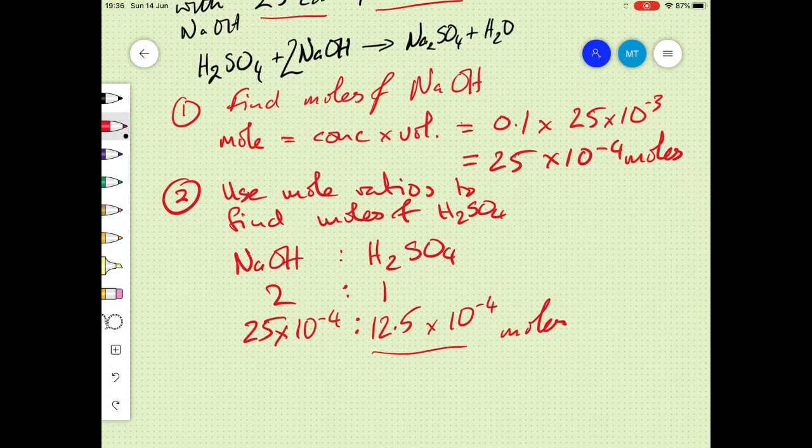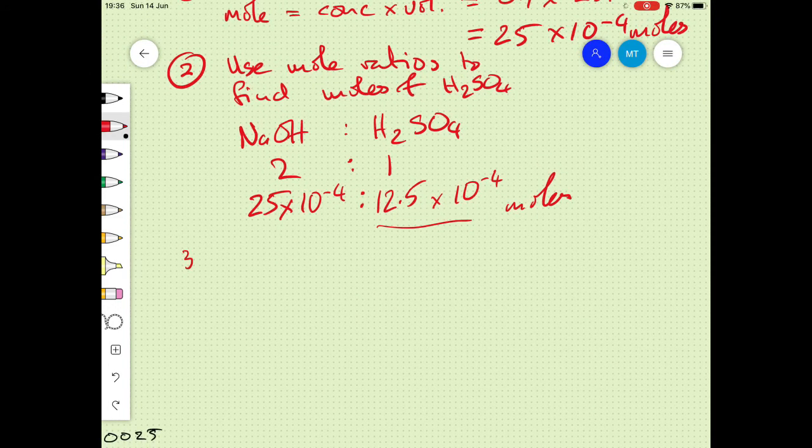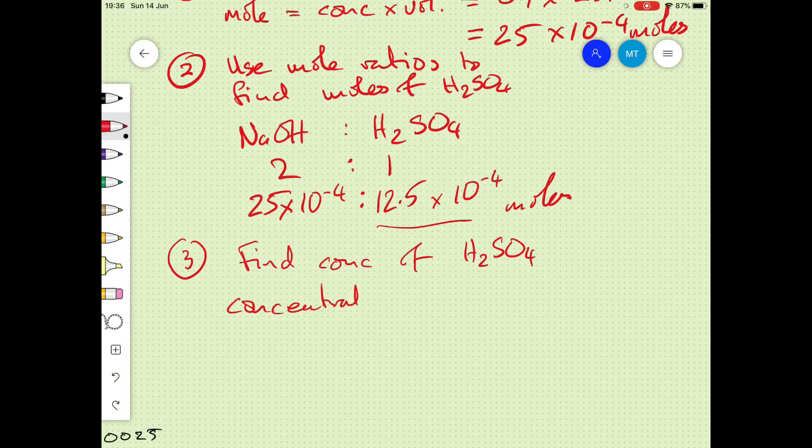Right, need to check what we're doing next. So 3, we need the concentration of sulfuric acid. Find concentration of H2SO4, which equals moles over volume in decimeters cubed.